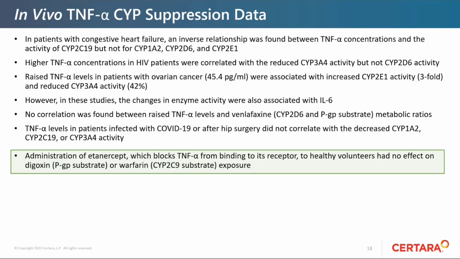In another study, higher TNF-alpha concentrations in HIV patients were significantly correlated with reduced 3A4 activity, but not 2D6 activity. And also in ovarian cancer patients, TNF-alpha was associated with increased 2E1 activity and reduced 3A4 activity. However, again, the changes in enzyme activity were also significantly associated with IL-6.